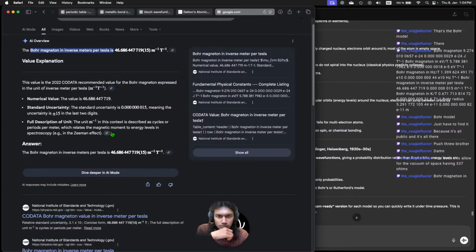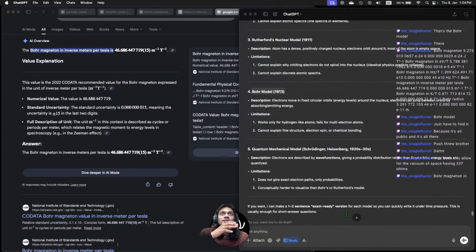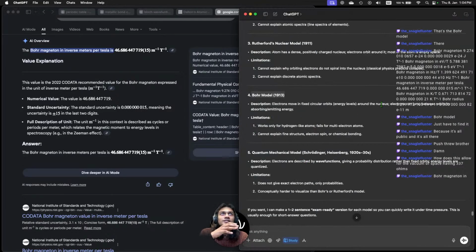Bohr model. Bohr magneton. There, that's the Bohr model, bro. It's the first time I'm seeing the Bohr model like this. I don't know too much about the Bohr model. I gotta say that.